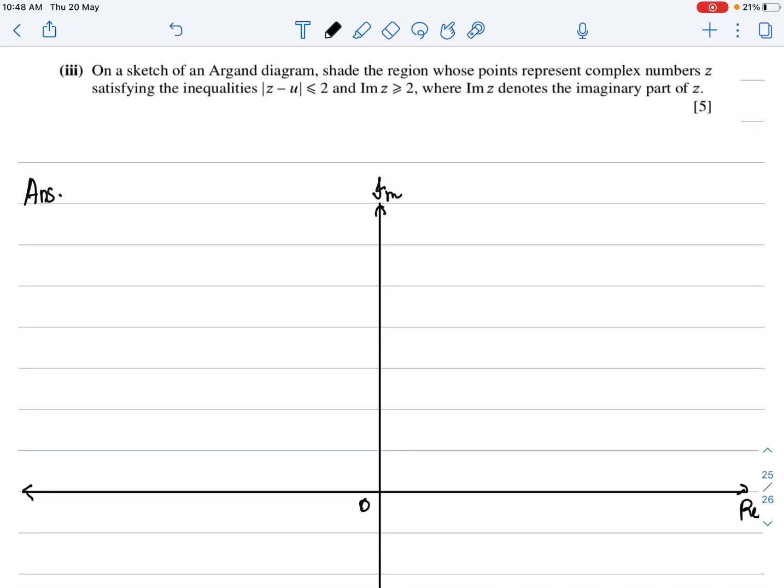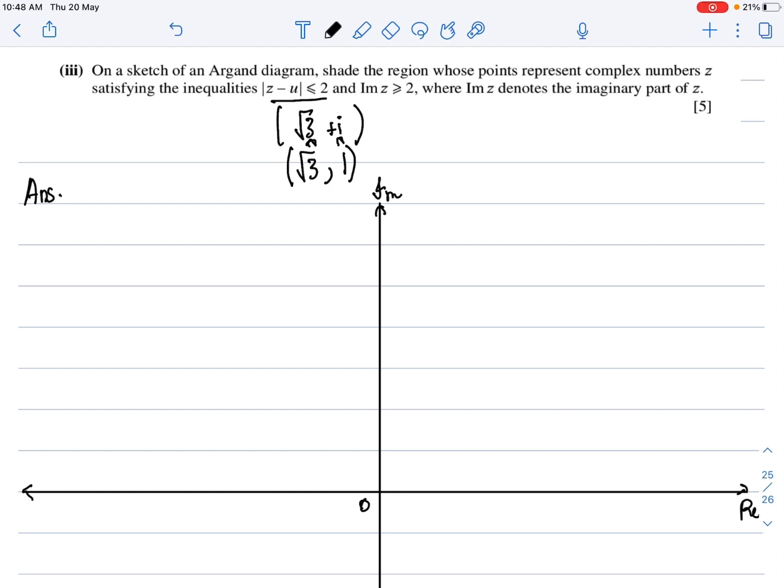Now the third part. On a sketch of an Argand diagram, shade the region whose points represent the complex number z satisfying the inequality, okay, and the imaginary part. Now see, you know your u is simply root 3 plus i, correct, which has the coordinates root 3 comma 1, because 1 in the imaginary, root 3 in the real.